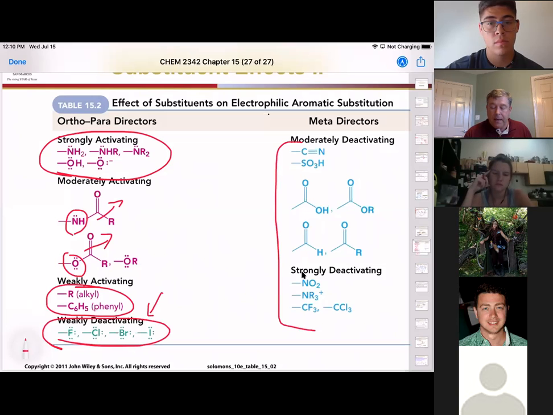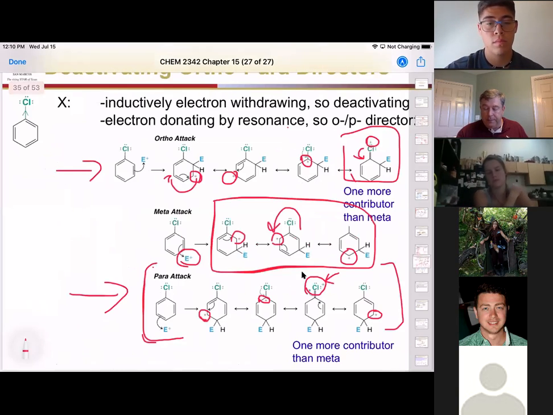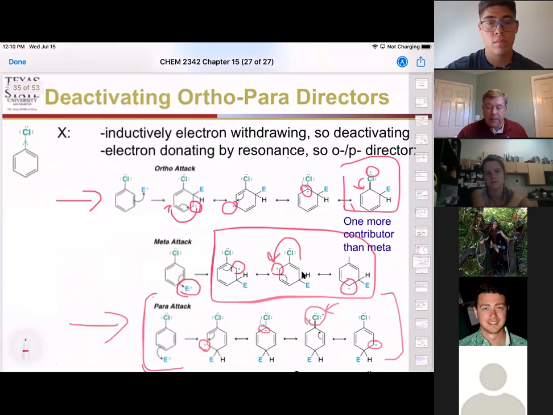All of these have either a partially positive or a full formal positive charge on the atom directly attached to the benzene ring. Okay, so using those arguments, I think we can safely say that we can predict ortho and para direction based on what the structure is. We don't have to memorize the table. We can look at the compound and say, it will probably be an ortho-para director, or it will probably be a meta director.